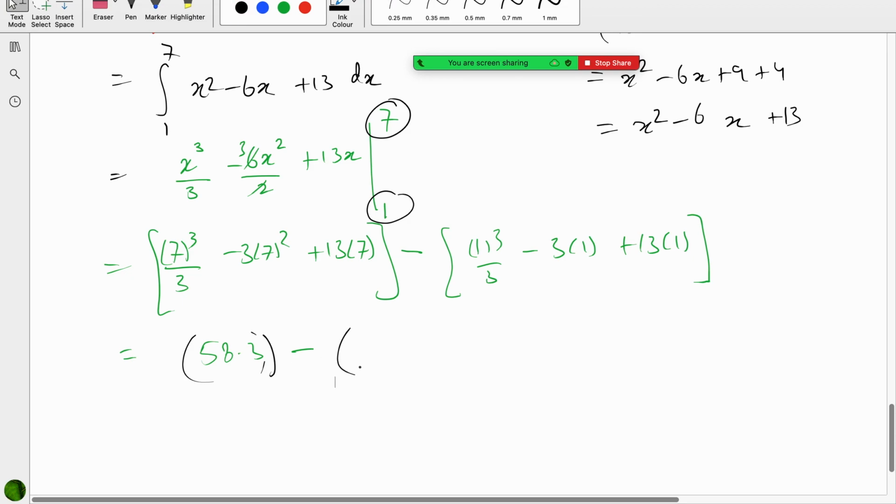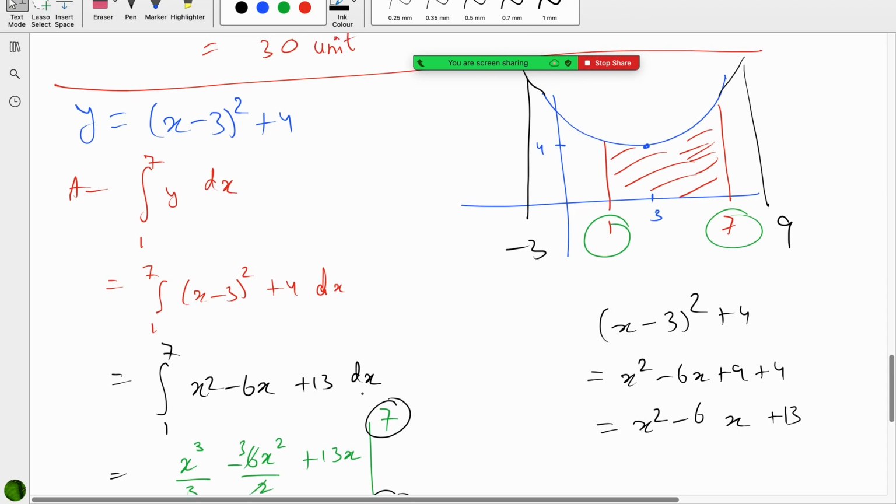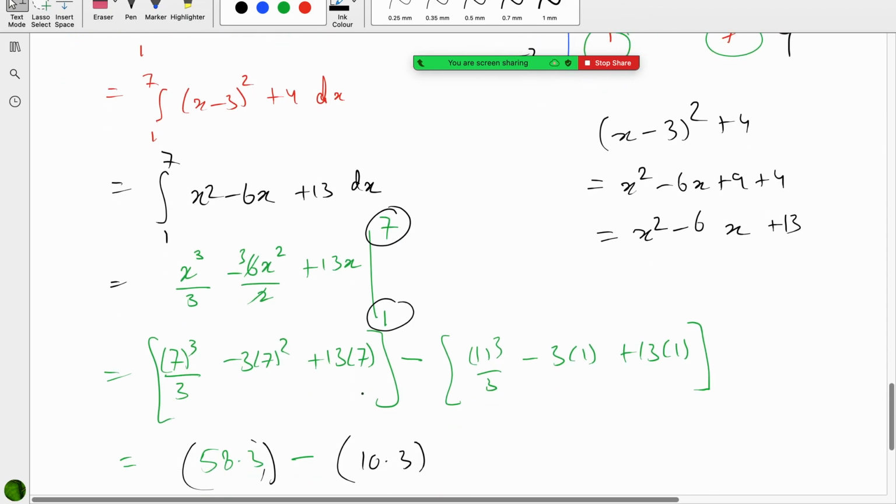So this is 1 divided by 3 minus 3 plus 13, which is 10.3, and 58 minus 10 is 48 unit square. So the area bounded by the curve and x-axis between the limits 1 and 7 is 48.